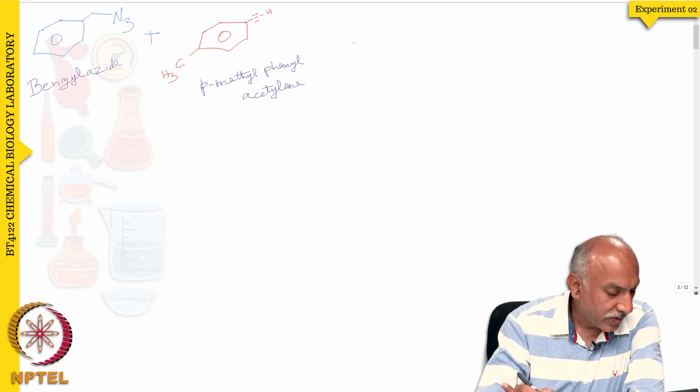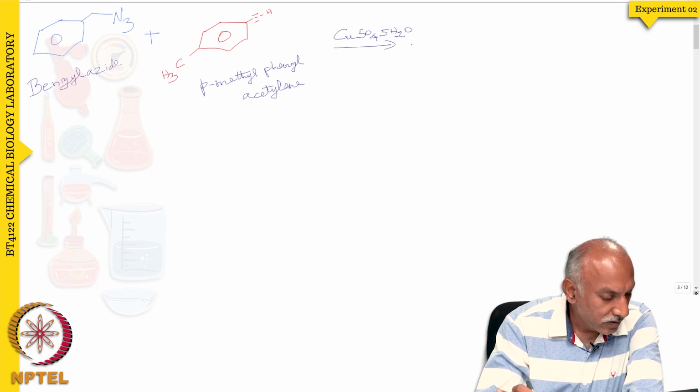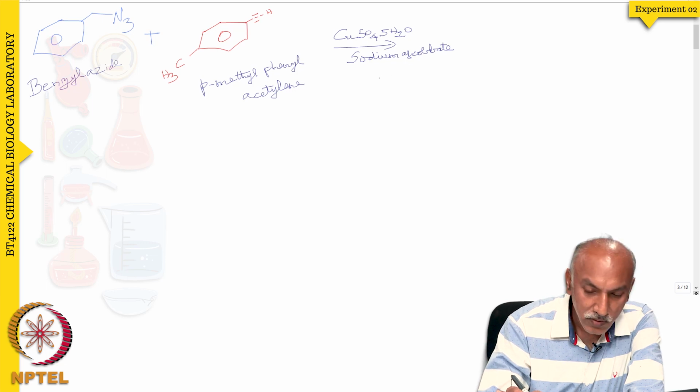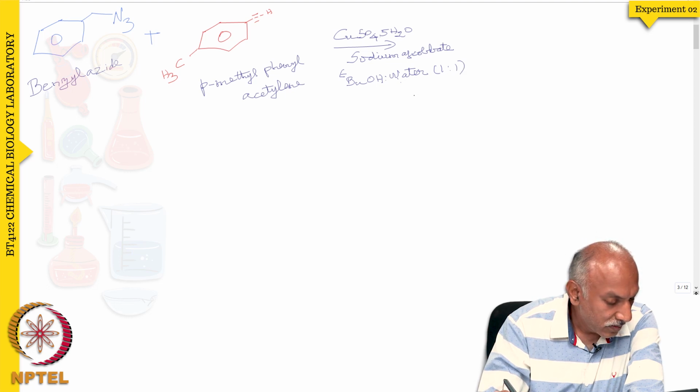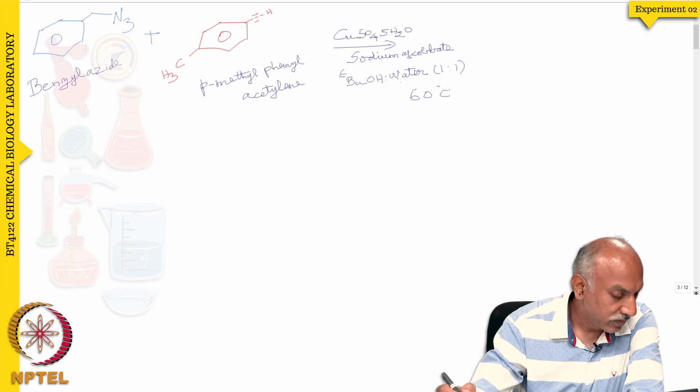So, you react them in the presence of cupric sulphate, which is always hydrated, so a water molecule is present, and sodium ascorbate, in tertiary butanol and water in a 1 to 1 ratio, at about 60 degrees Celsius.